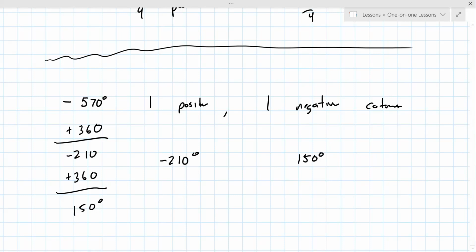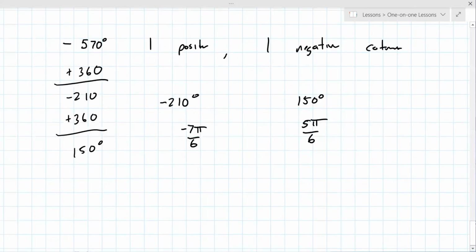Okay, I got negative 7 over 6 pi for negative 210. Good. And then 150 is 5/6 pi. That's right.